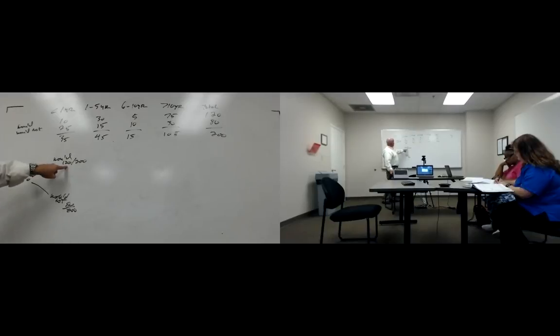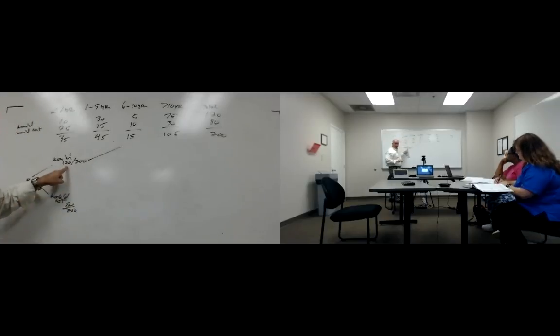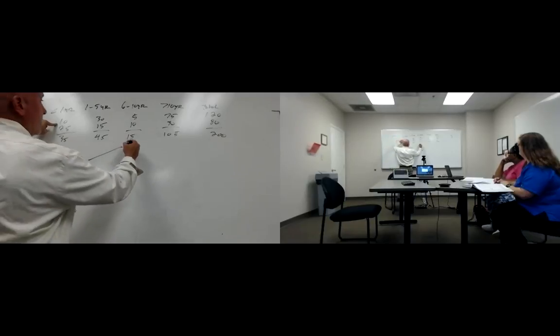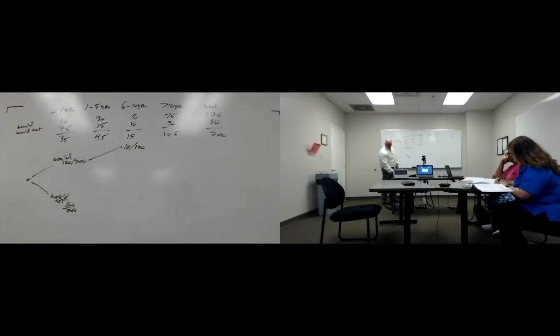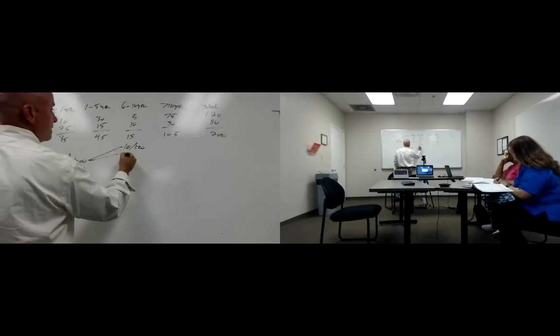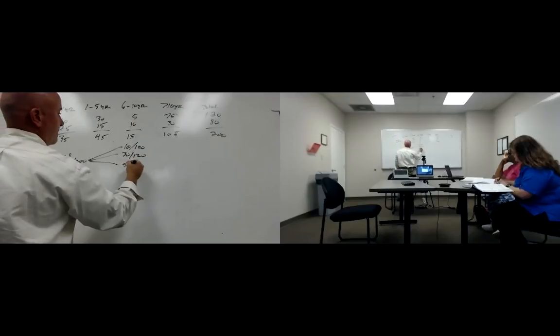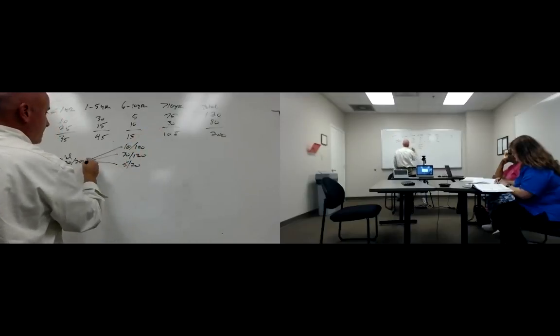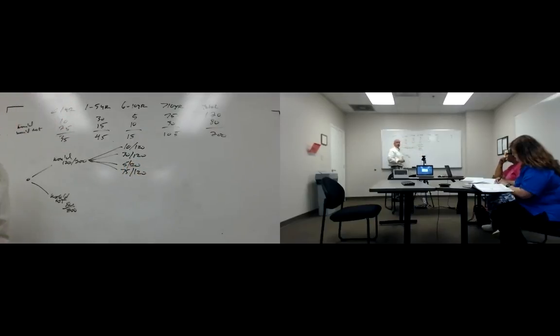Now, of this 120 that would remain, what are my branches now? Less than 1 year would be 10. Well, remember, if I'm going to remain, I would have 10 over 120. My over 10 year is 75 over 120.